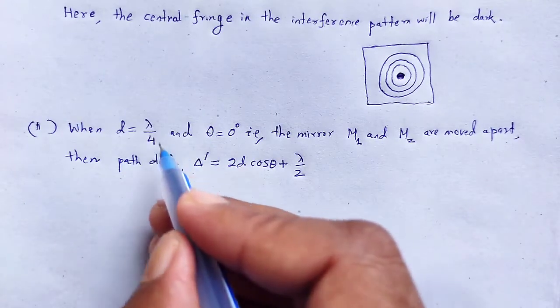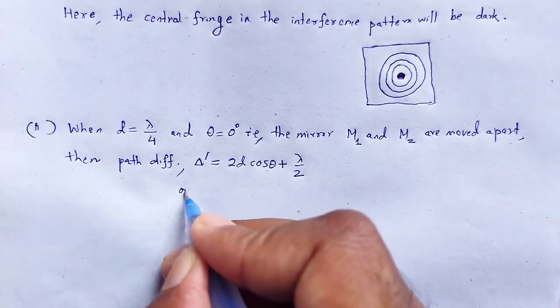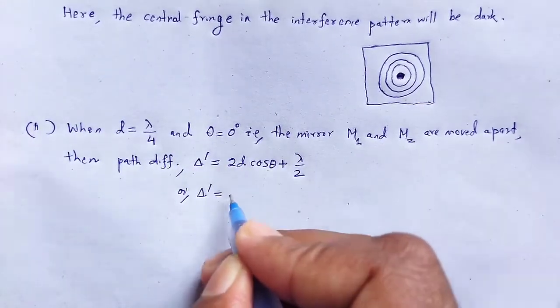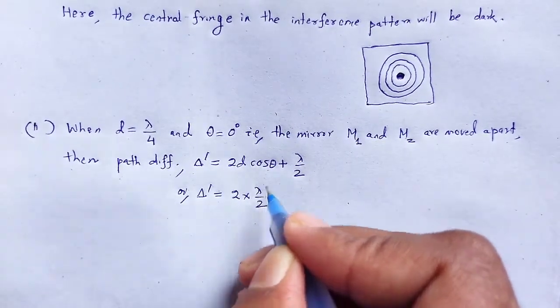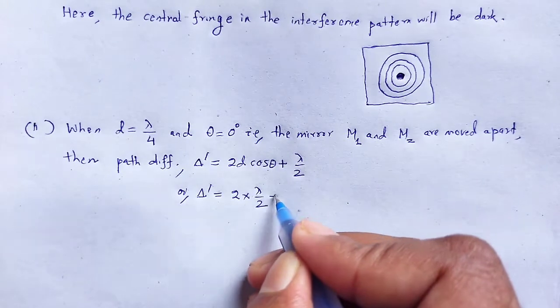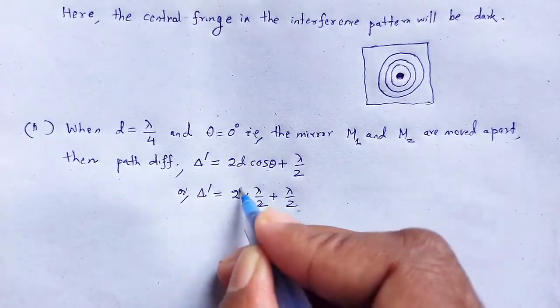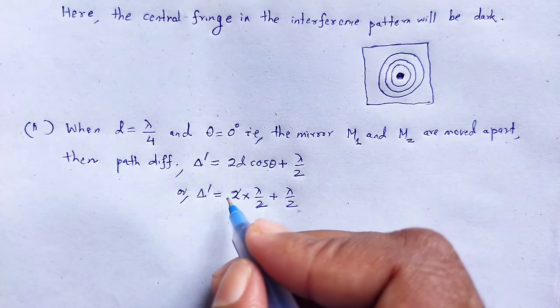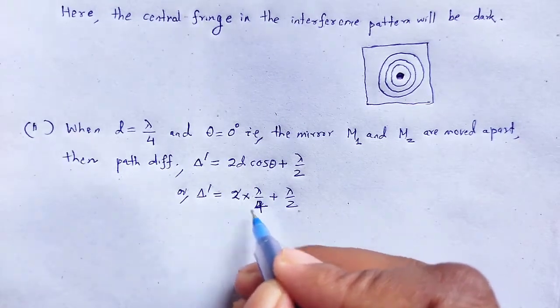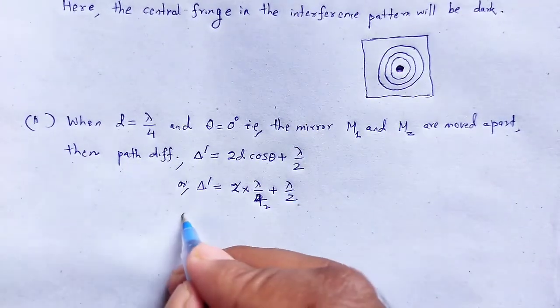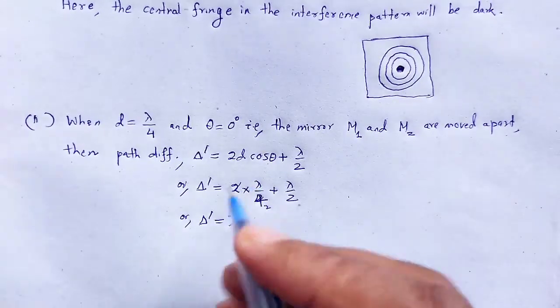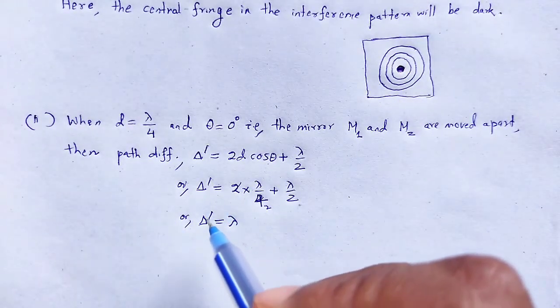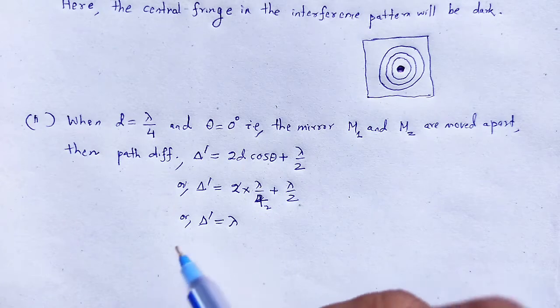In place of d we substitute lambda by 4, so delta dash is equal to 2 lambda by 4, here cos 0 is equal to 1, plus lambda by 2. Sorry, that is lambda by 2 plus lambda by 2, that is lambda. So the actual path difference delta dash is equal to lambda.